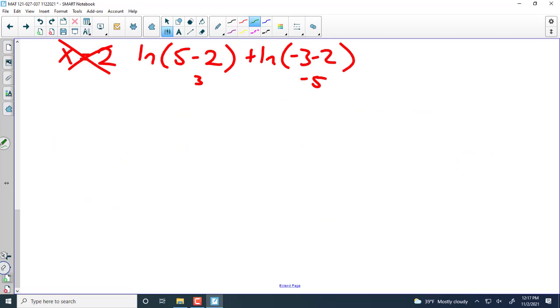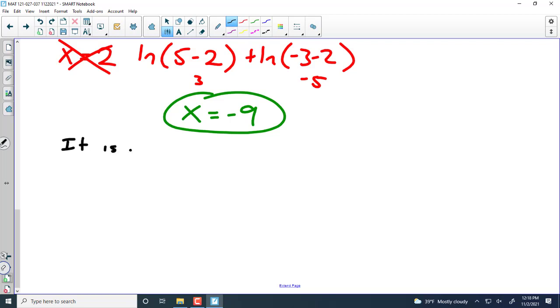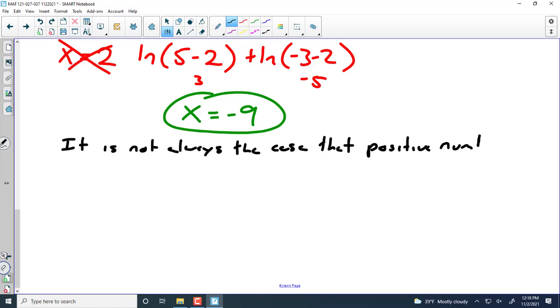Why did I do this problem? Because I wanted to show you that it is not always the case that positive numbers work and negative numbers fail.